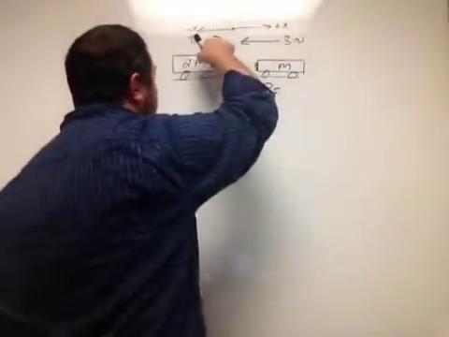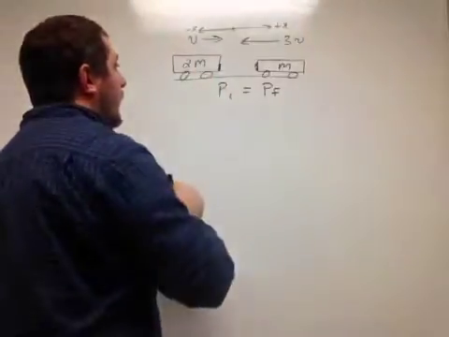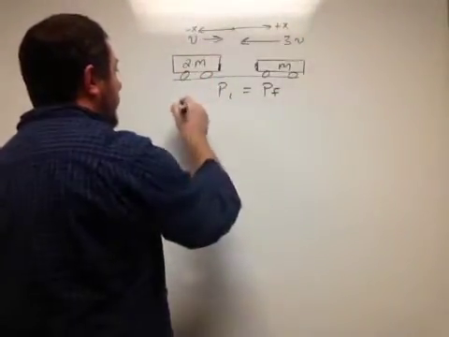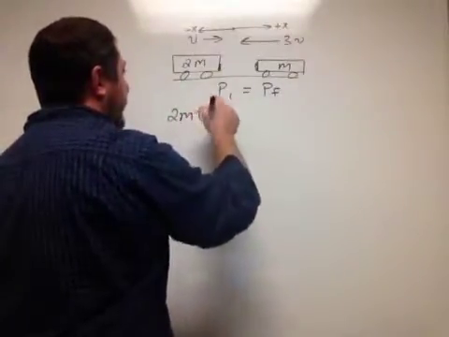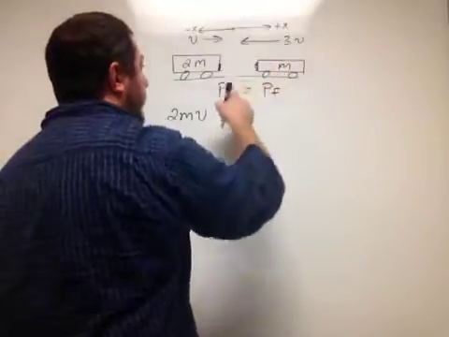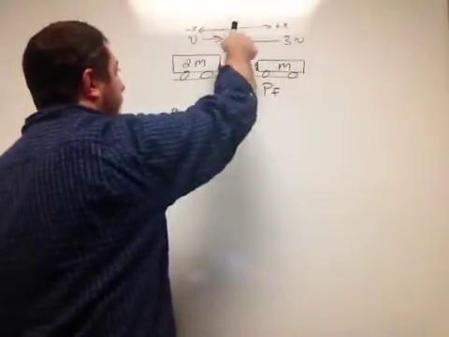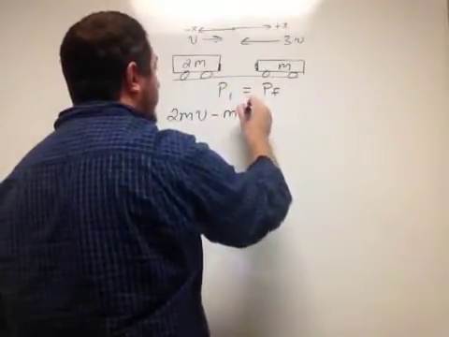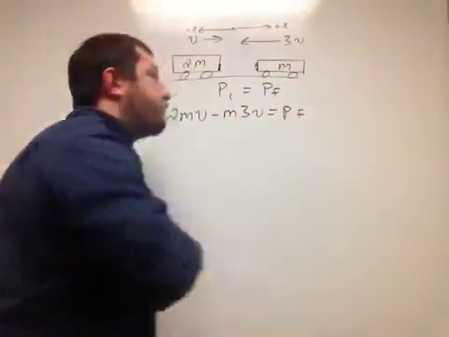In this case, the velocity of the 2m cart is pointing in the positive x direction, so it gets the positive initial momentum: 2m times its velocity v. The momentum of the second cart of mass m is going to be in the negative direction, because that's the direction its velocity is pointed in. So this will be m times 3v, and that must equal the final momentum.